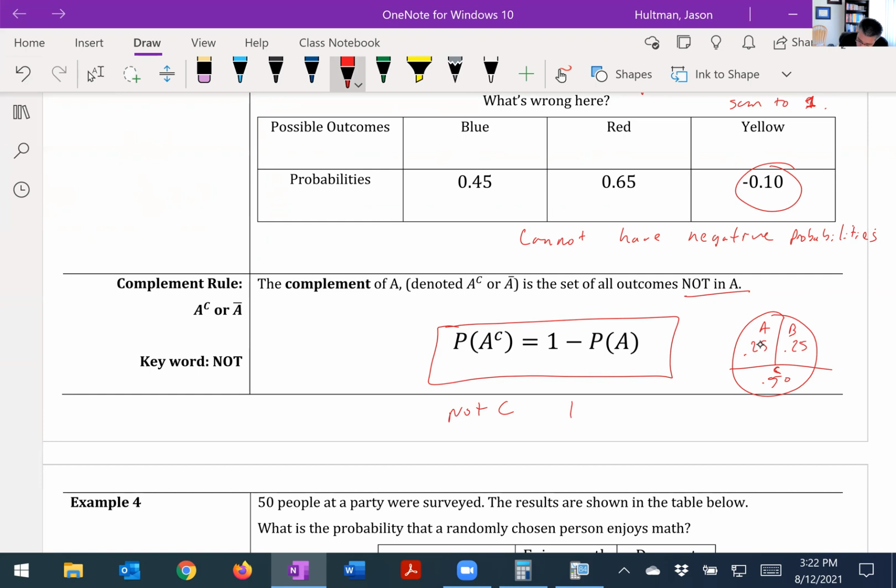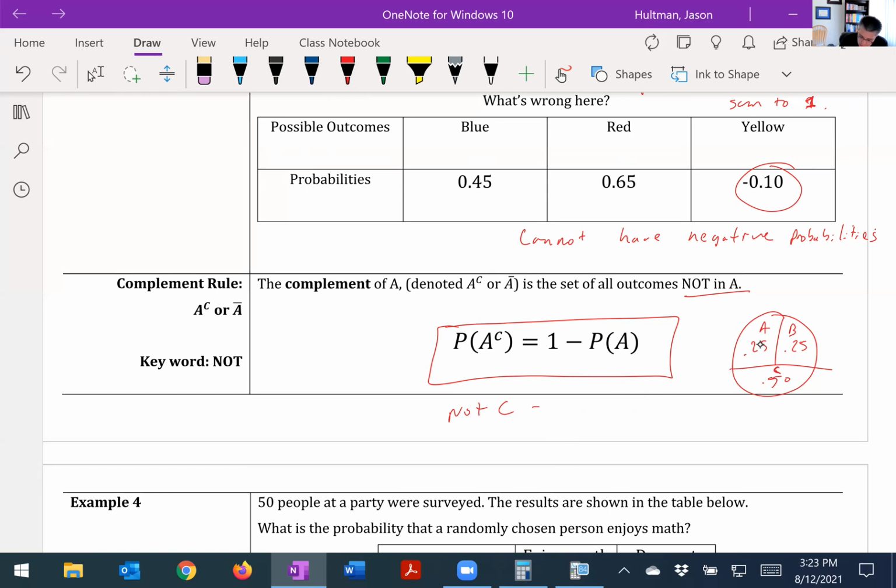I could say that that's 1 minus the probability of C. We can either add up A and B, which is 0.5, or we can just go 1 minus the probability of C, which is 0.5, which equals 0.5. Maybe it would have been better if I just looked at A here.